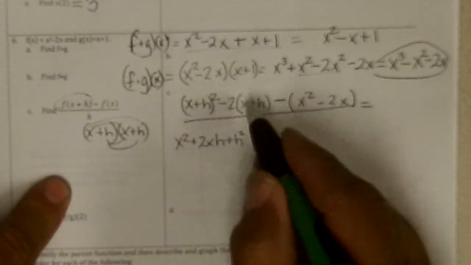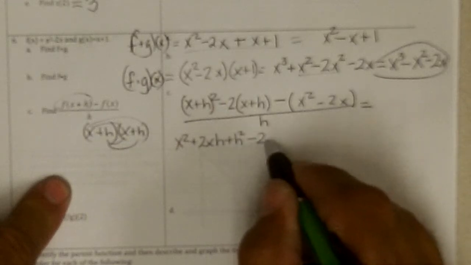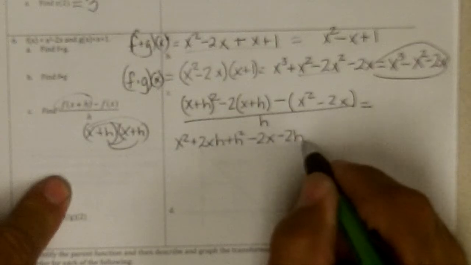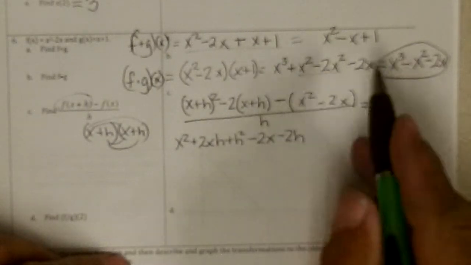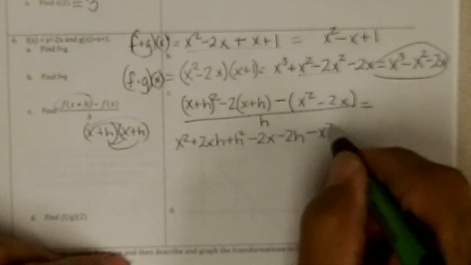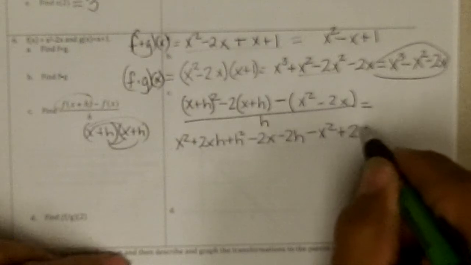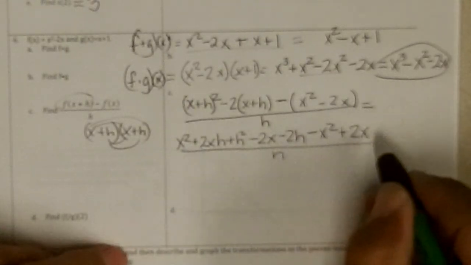I get that. Minus 2 times all of this is minus 2x minus 2h. And then I have to subtract all of this, so that becomes minus x squared minus a minus, so that's plus 2x all over h.